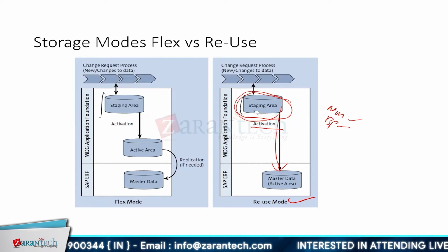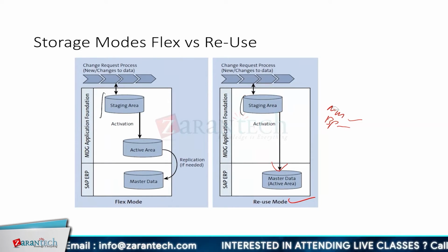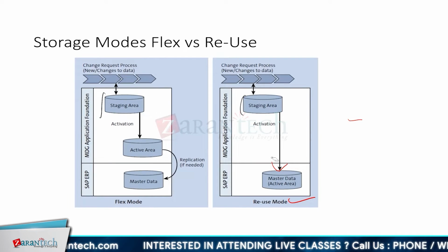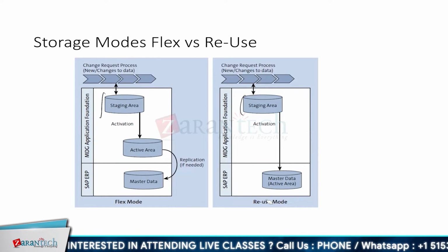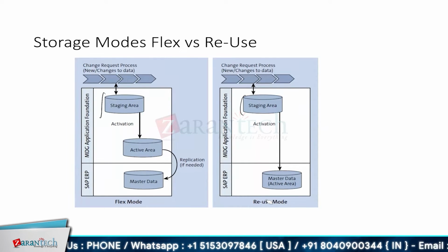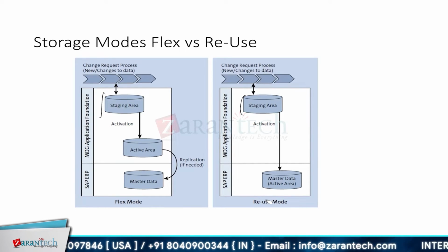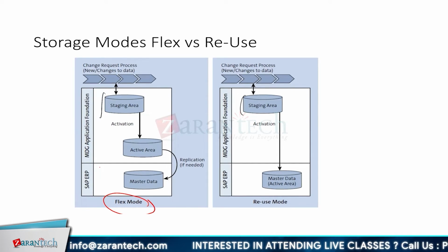So regardless of which mode we choose, the standard objects will always remain on the ERP side once the activation is complete. Only the finance objects will remain in MDG because we have chosen flex mode. Is that right? Yes. Okay.